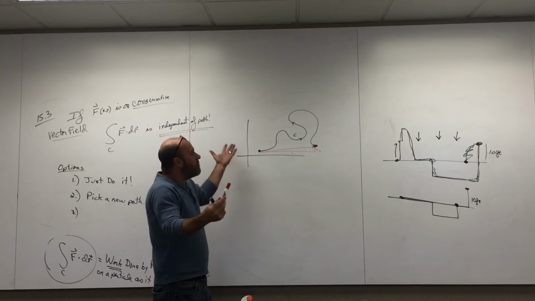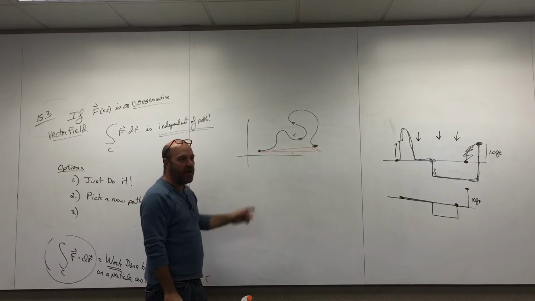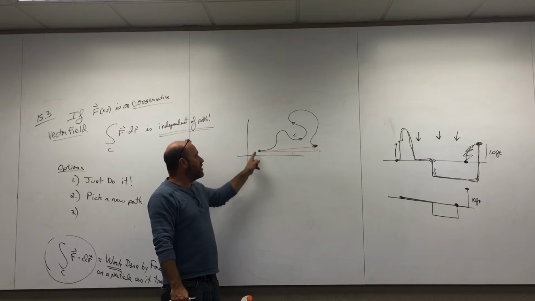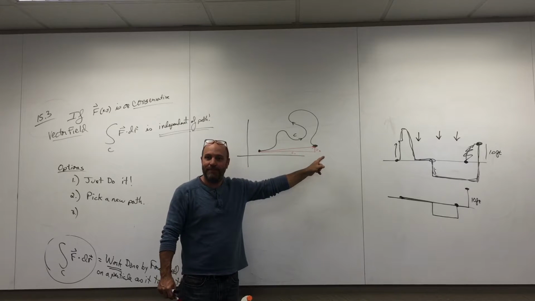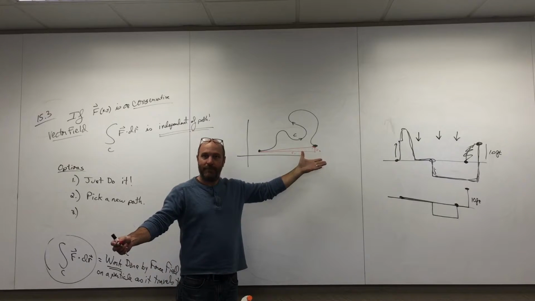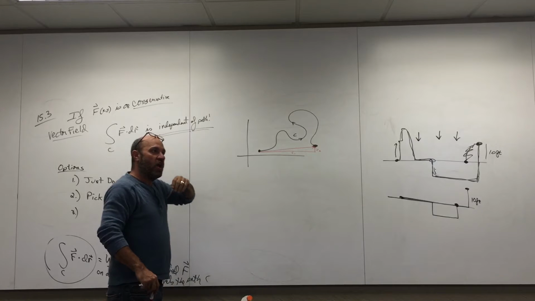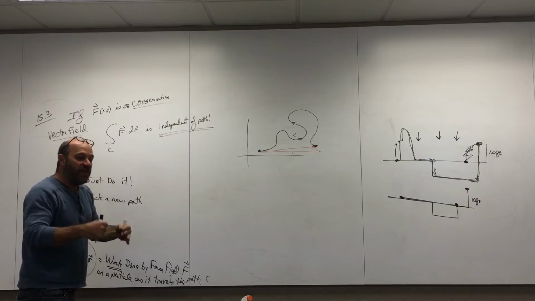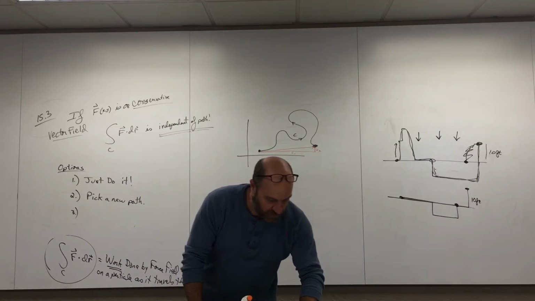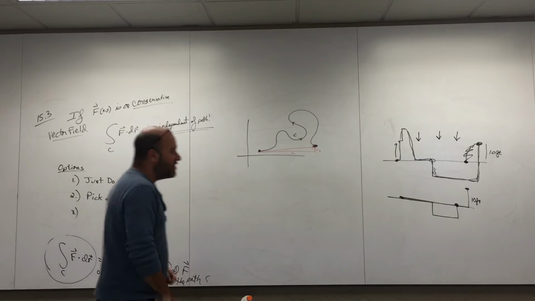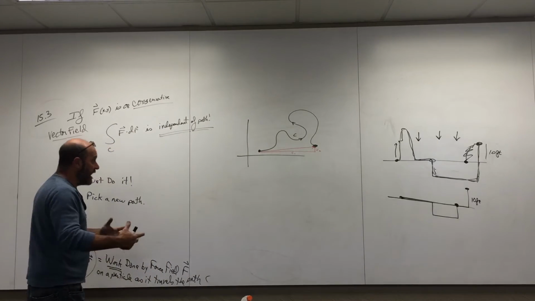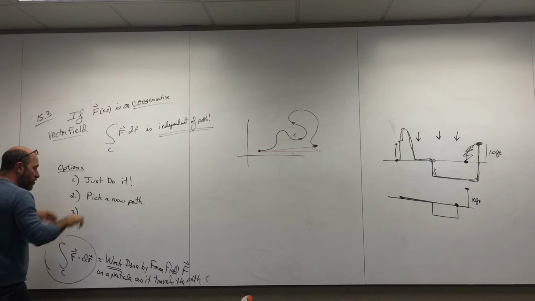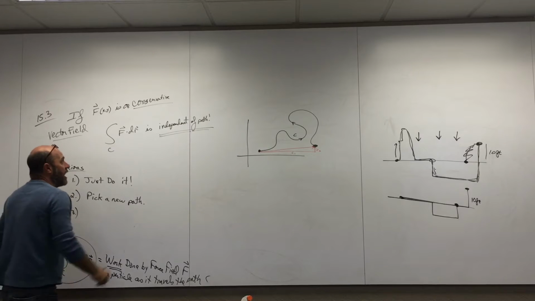What you just learned here is that if it's a conservative vector field, all that matters is where you started and where you stopped. So, the fundamental theorem of line integrals, is that what it's called? Yes. The fundamental theorem of line integrals says that if it's independent of path, you could just do it, or you could pick a new path, or you got this third option.